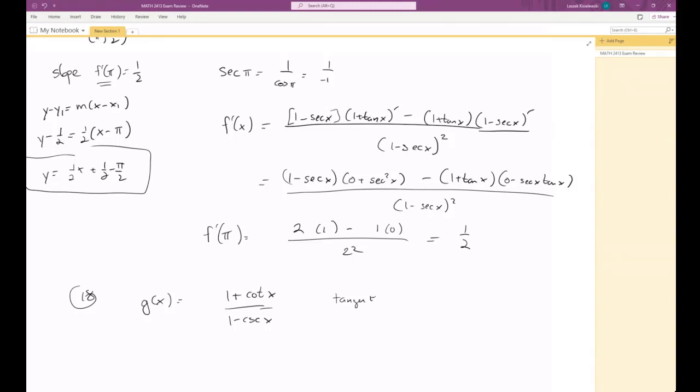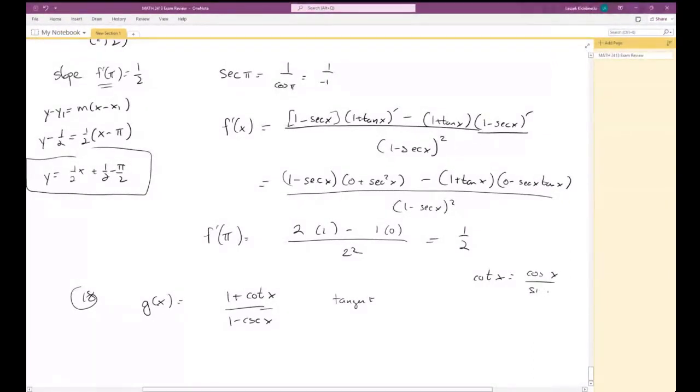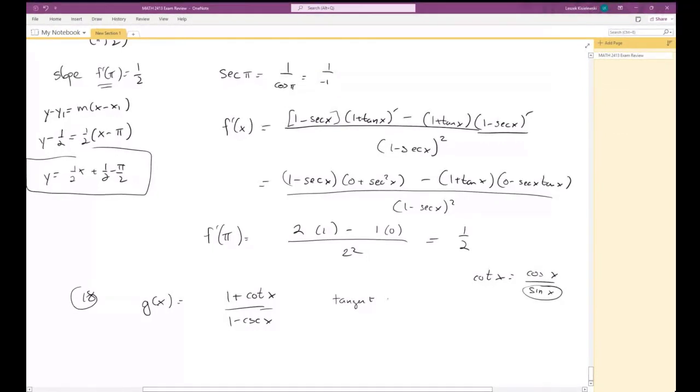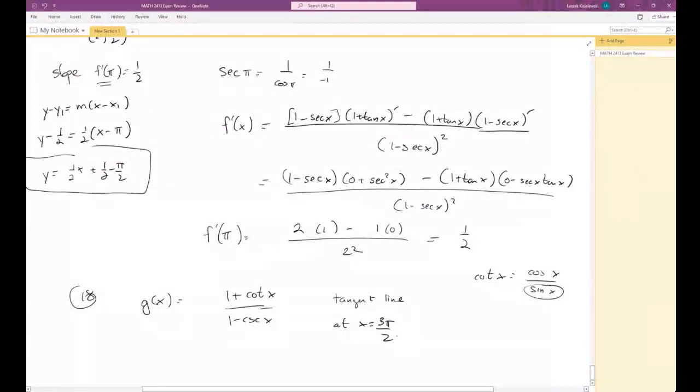Why couldn't it be pi? Pi is not in the domain of the function, because cotangent is the same as cosine over sine. So if I let x equal pi, sine of pi is 0, so you'd be dividing by 0. So I have to make it something else, like x equals 3 pi over 2. So you can try that one.